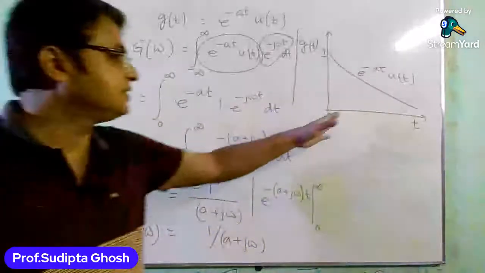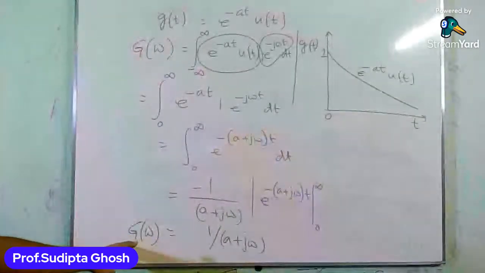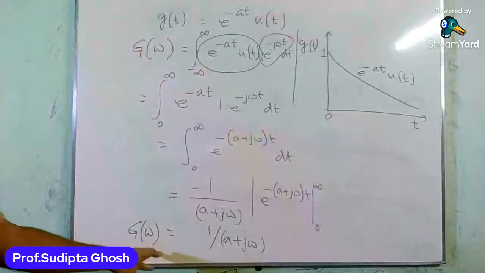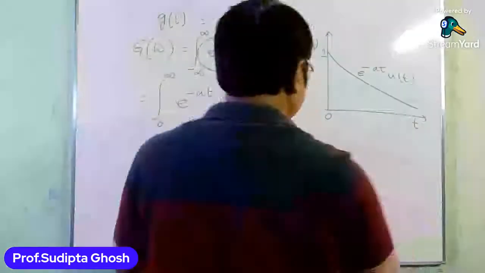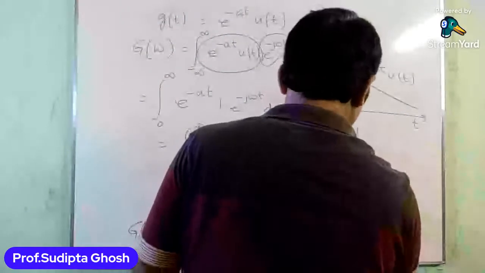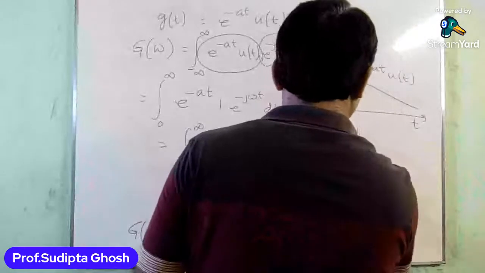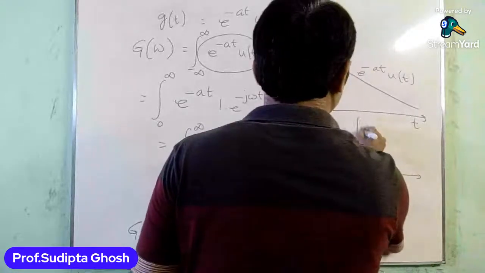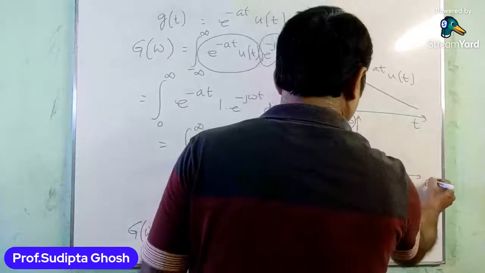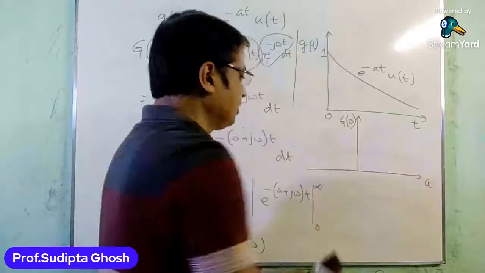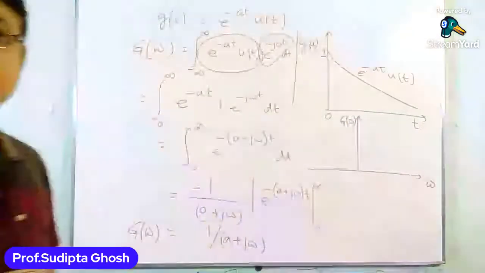So this is the time domain form of the function, and now when I have reached the frequency domain form, that is g omega equals 1 by a plus j omega, if I plot g of omega with omega, what will we find?